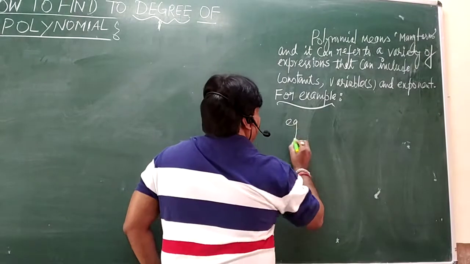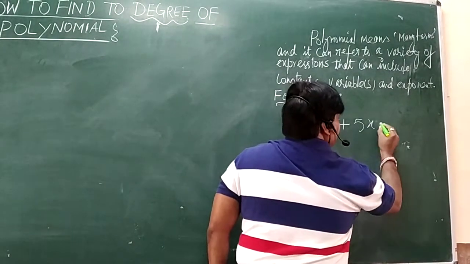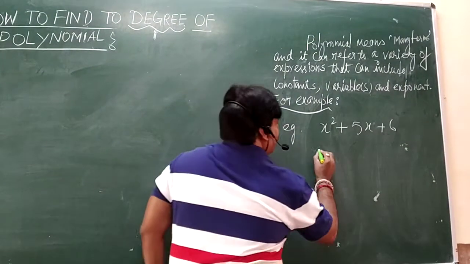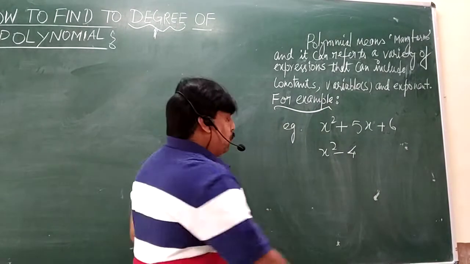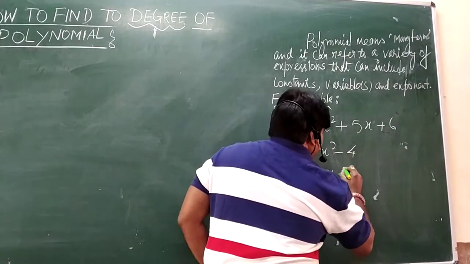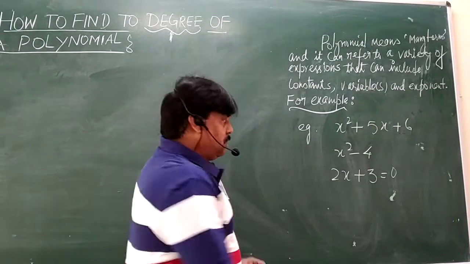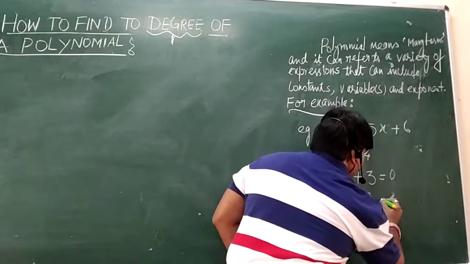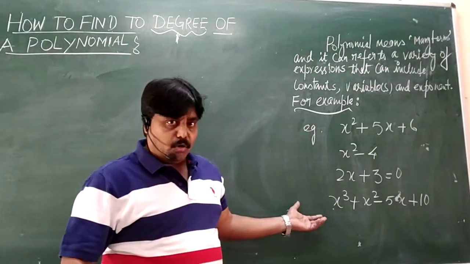For example, x square plus 5x plus 6 is a polynomial. x square minus 4 is also a polynomial. 2x plus 3 is equal to 0 is also a polynomial. x cube plus x square minus 5x plus 10 is also a polynomial.